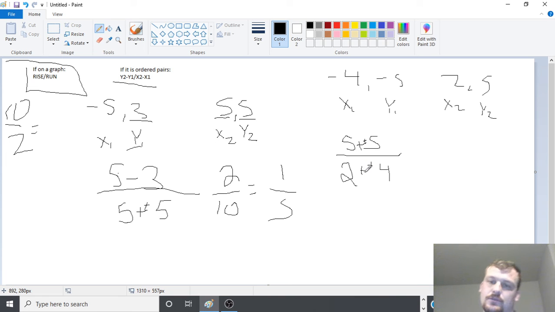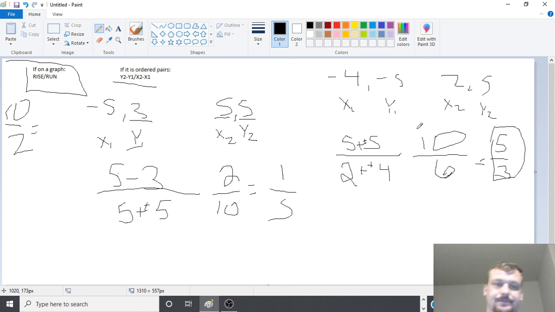That's probably about the trickiest thing on here, honestly. So 5 plus 5 is 10, and 2 plus 4 is 6. And that reduces: 10 divided by 2 is 5, and 6 divided by 2 is 3. So your slope for that answer is 5 over 3.